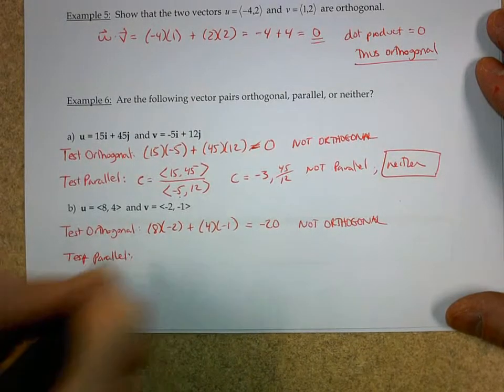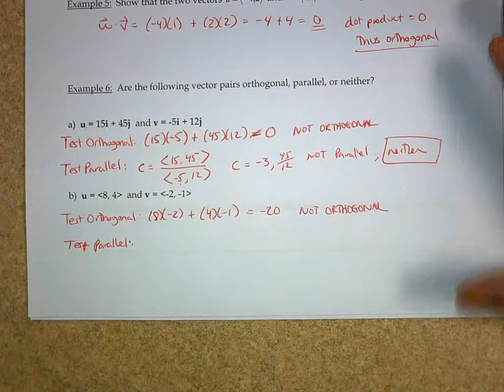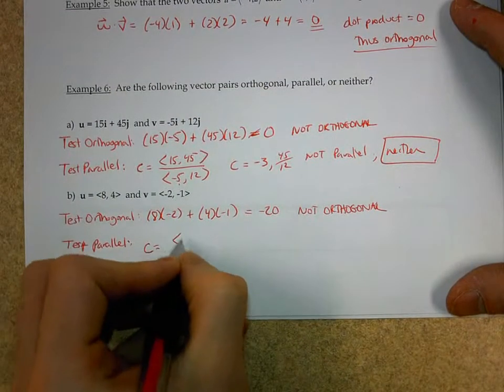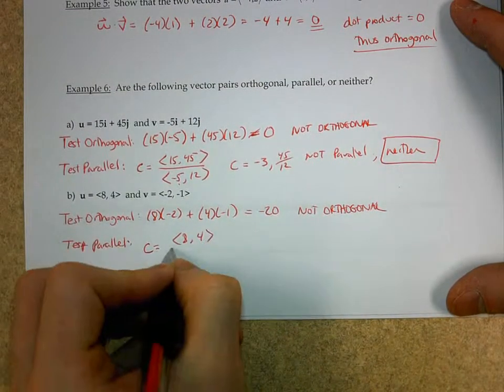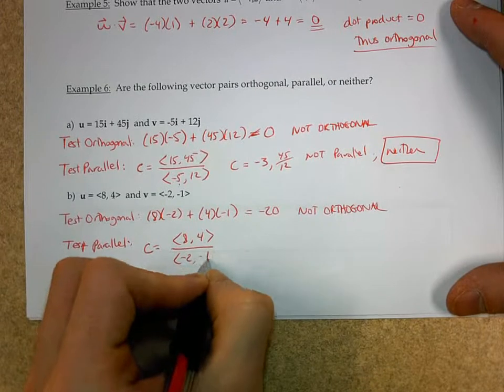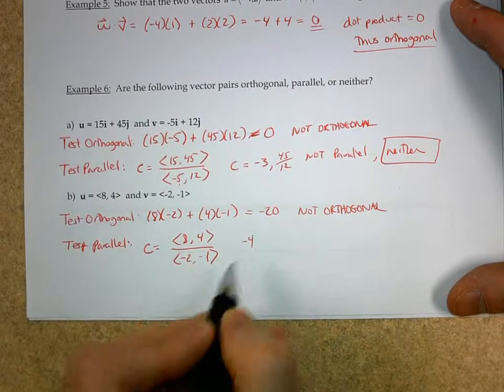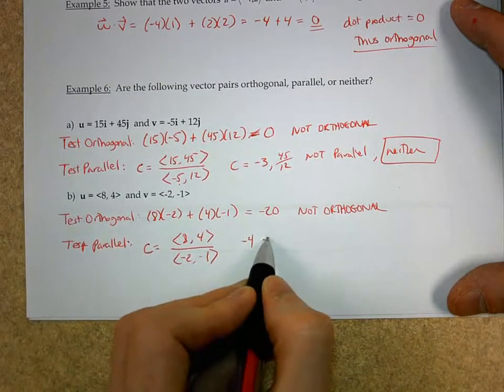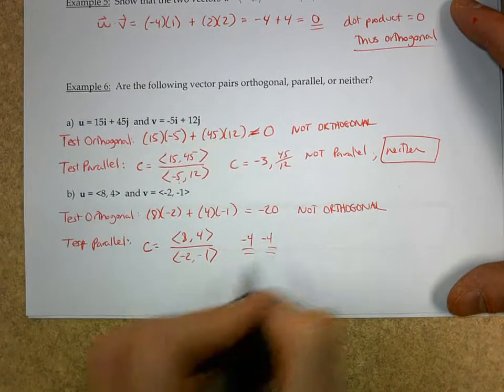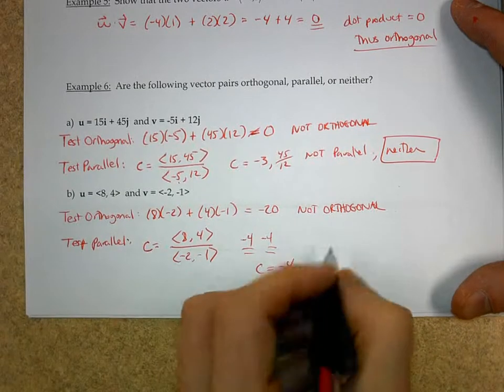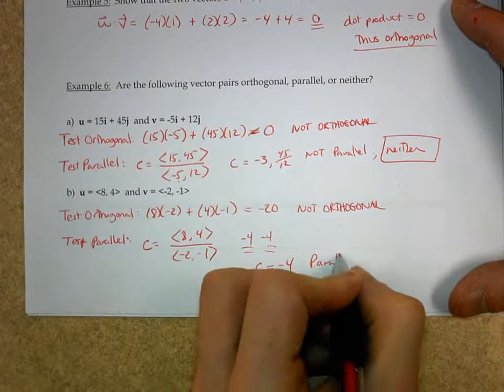So then we'll do our test for parallel. And for our test for parallel, let's see, is there a constant that is the same through both of them? So 8 divided by negative 2 is negative 4. 4 divided by negative 1 is negative 4. So c is equal to negative 4, which means we've got parallel vectors.